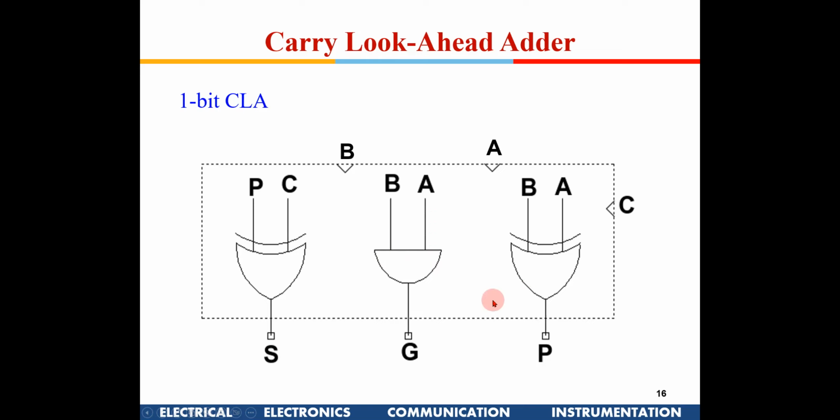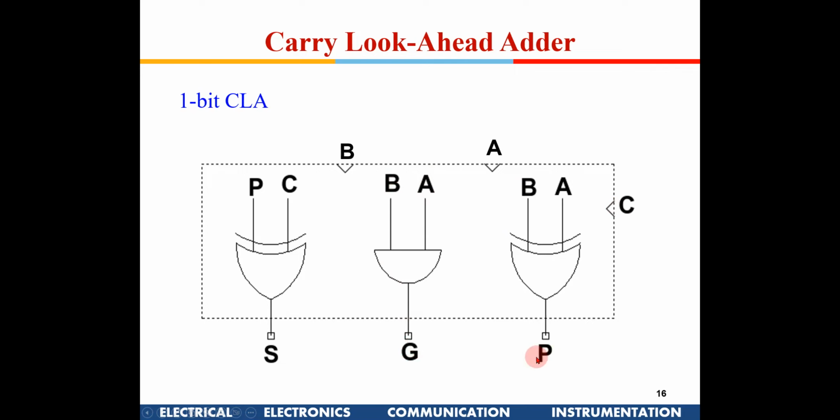Now this circuit generates an output G as well as an output P, okay. So G means generate. Generate means A and B both are 1. That means you don't have to bother about C. If both A and B are there, straight away it will go into generate a carry. P means propagate.